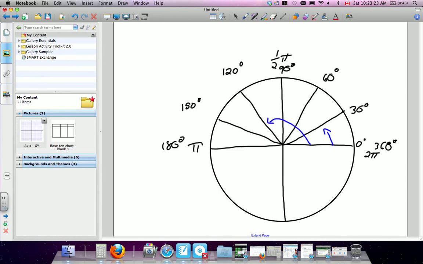So does this make sense to you here? This is, I've moved 30 degrees from 0, or I've moved 120 degrees from 0. These are all different options we have. This one's 150. We're going to try to rewrite these in radians.